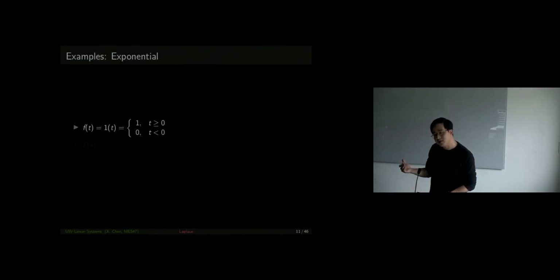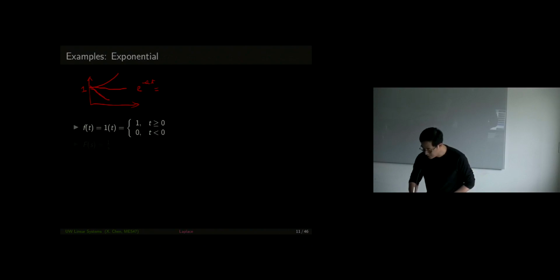Using the exponential function Laplace transform pair, we can very easily see that if it's a step function like this, which is 1 over here, then the Laplace transform is very easy, because a step function is nothing but an exponential function with a equal to 0.